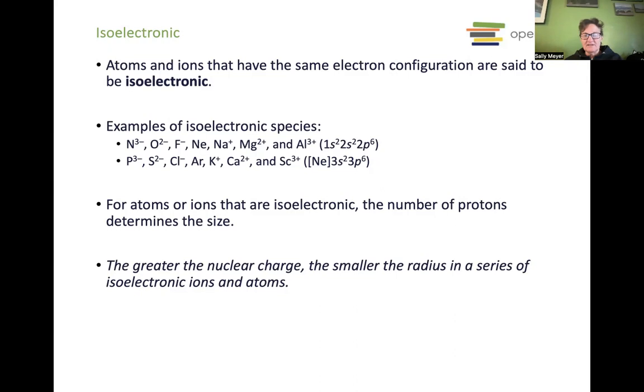So for atoms or ions that are isoelectronic, the number of protons determines the size. If you have more protons, the nucleus has a greater charge. And if you have a greater charge on the nucleus, but the same number of electrons, then you're going to have a smaller radius if you're looking at a series of isoelectronic ions and atoms.